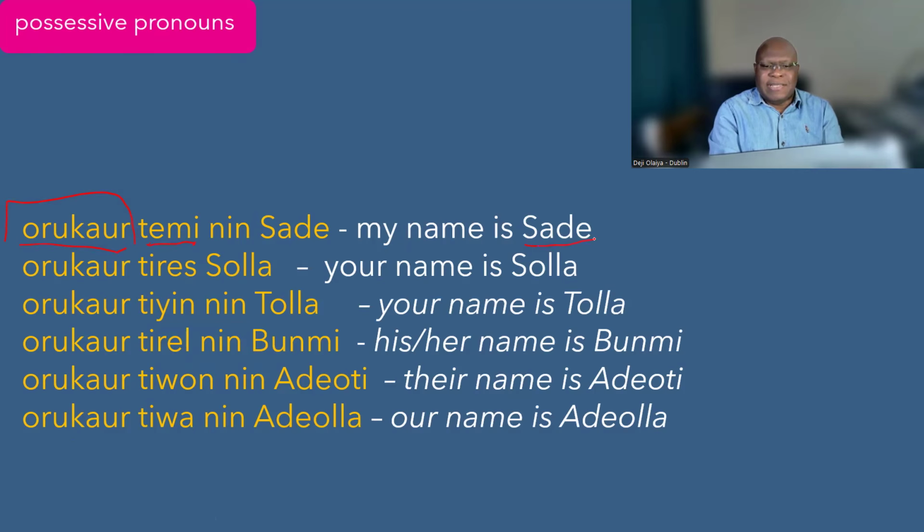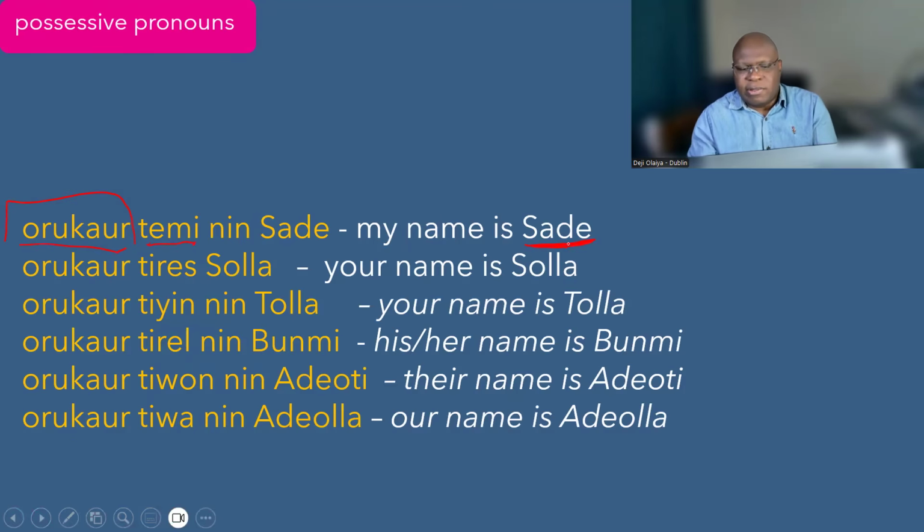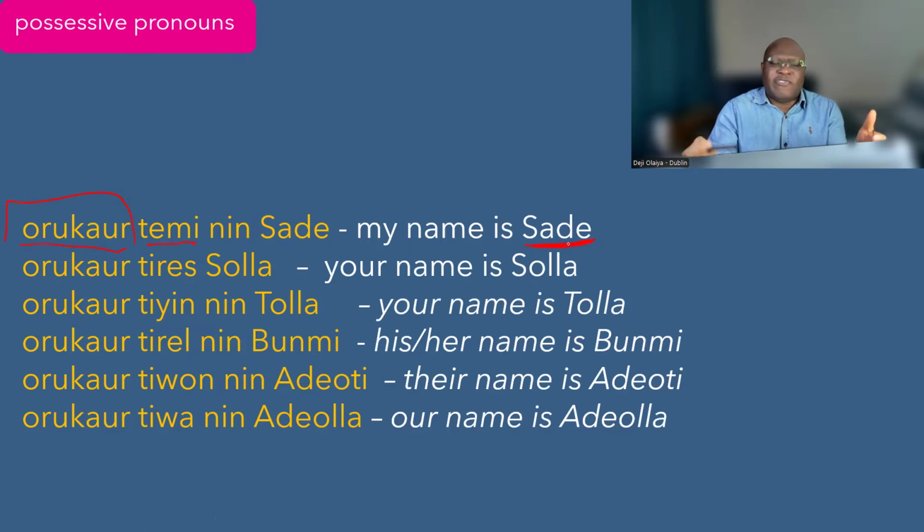Ṣadé is the name of a girl or somebody, a female. Ṣadé, that's the way it's pronounced. Next, orúkọ tiẹ̀. Your name is Ṣọlá.